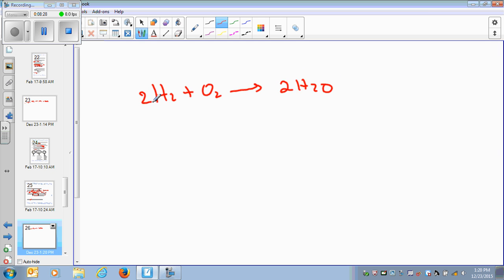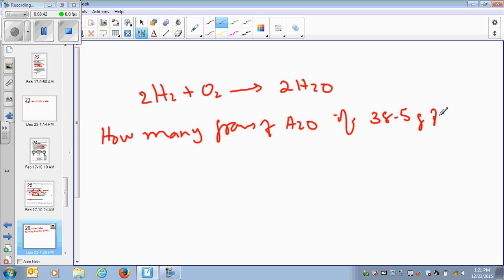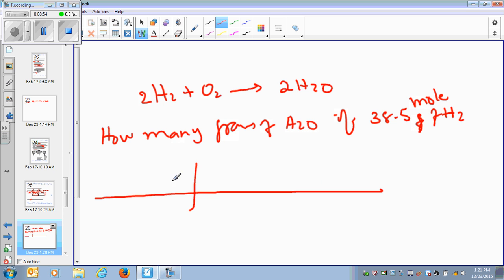The question is how many grams of water can you produce if you have 38.5 grams of oxygen, or maybe let's do moles of hydrogen. 38.5 moles of hydrogen. So what am I given? My given comes here. I'm given 38.5 moles of hydrogen.